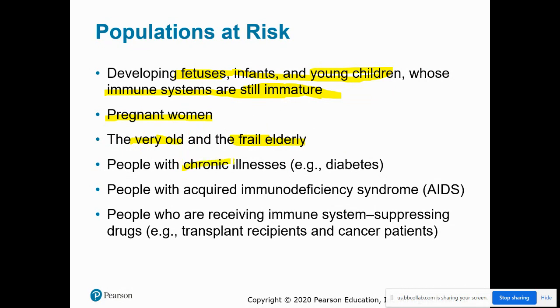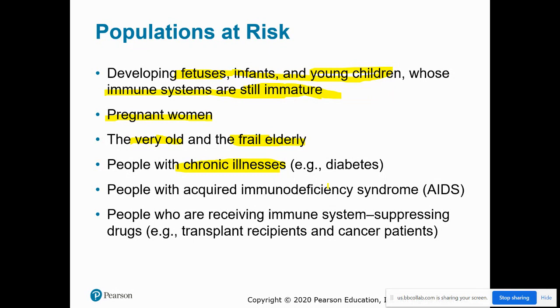Anybody who has a chronic illness, we talked a little bit about how with chronic illness, we see chronic low-grade inflammation, which means the immune system is continually working kind of at a low level, but literally all of the time. So in that case, again, the immune system is already taxed.